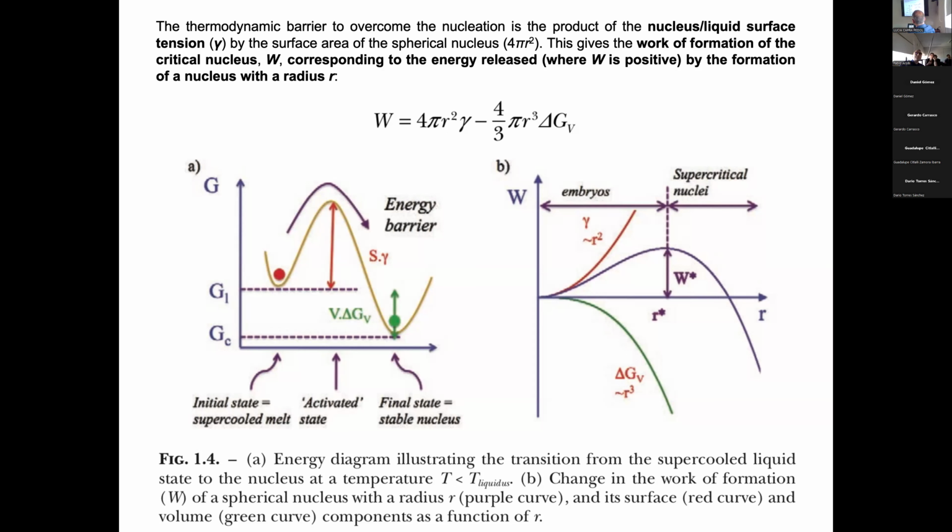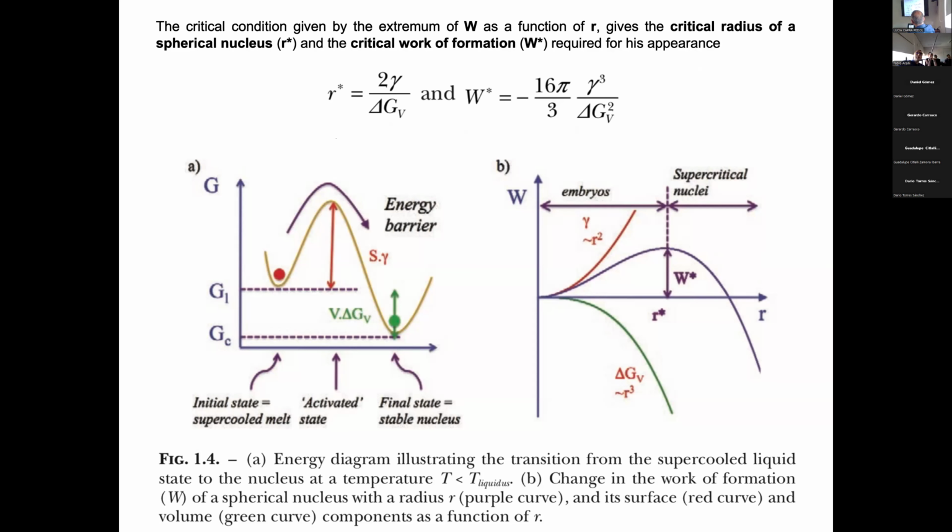What is going to happen here, if you see the radius here, we can calculate the critical radius through this equation, where this is the surface tension between nucleus and liquid, and this is the delta GV.